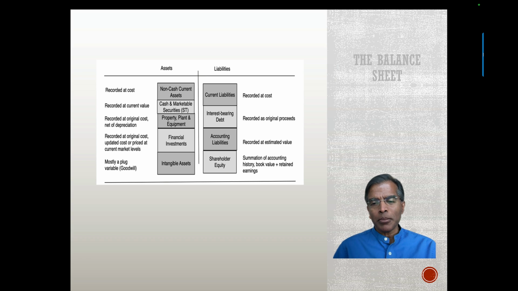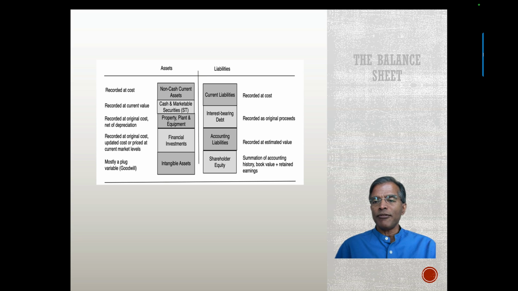But if you have property, plant, equipment, fixed assets, in much of the world, they're still recorded at original cost. I know IFRS is starting to deviate from the script, but at least according to GAAP, those assets have to be recorded original cost, net of whatever the accountant thinks they've lost in value. They call it depreciation. It's an accounting depreciation, so it's original cost net of depreciation.